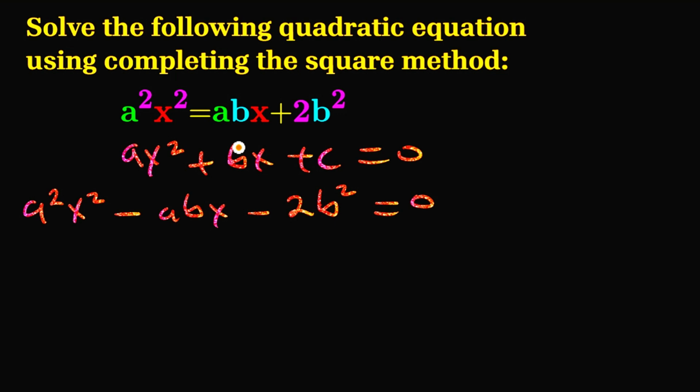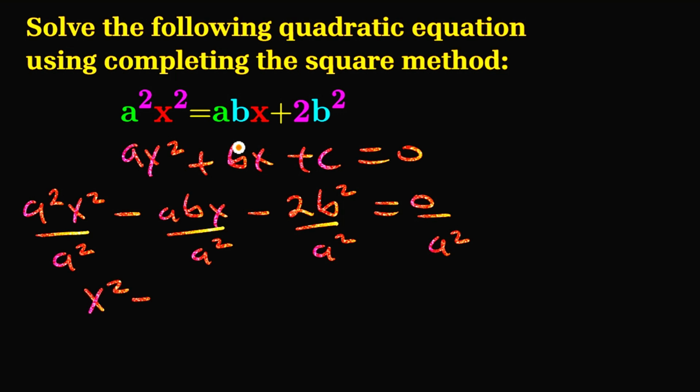So the first step is to make the coefficient of x squared equals to 1. So it means we divide through by a squared. So we divide everything by a squared so that we have x squared minus b over a x minus 2b squared over a squared is equal to 0.